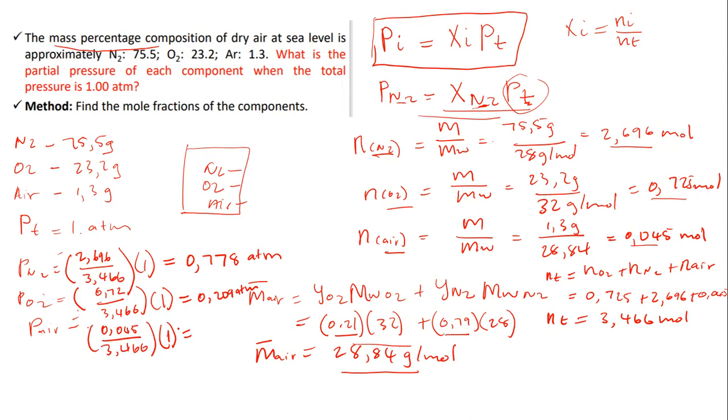Now I want to move fast because we have a lot of things to cover. We get 0.013 atm. And therefore these are our final answers. I hope that was clear.